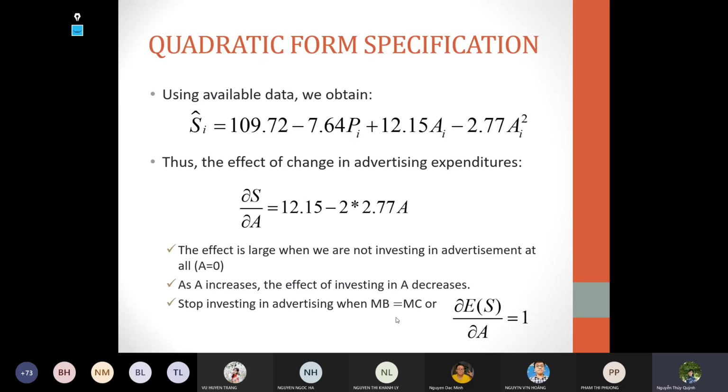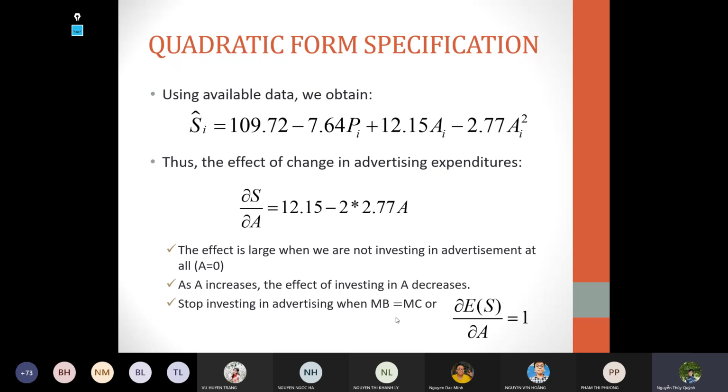Can you just tell us what is the marginal benefit of advertising? Minus 2 times 2.77. Yeah, so the marginal benefit of advertising here is the effect of one additional unit increase in advertising expenditures on sale, which is the increase in sale.